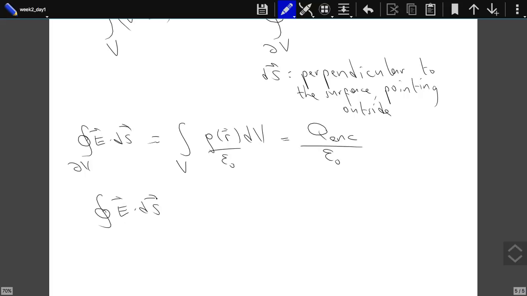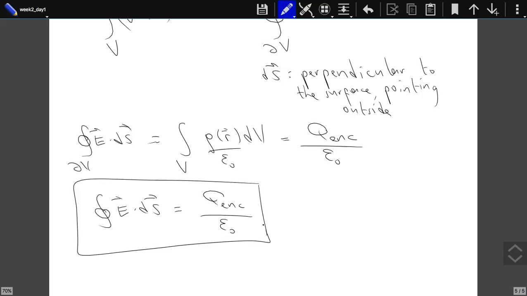If you consider the electric field created by any charge distribution, and that electric field, if you integrate it over a closed surface, then that integral is determined by the enclosed charge.